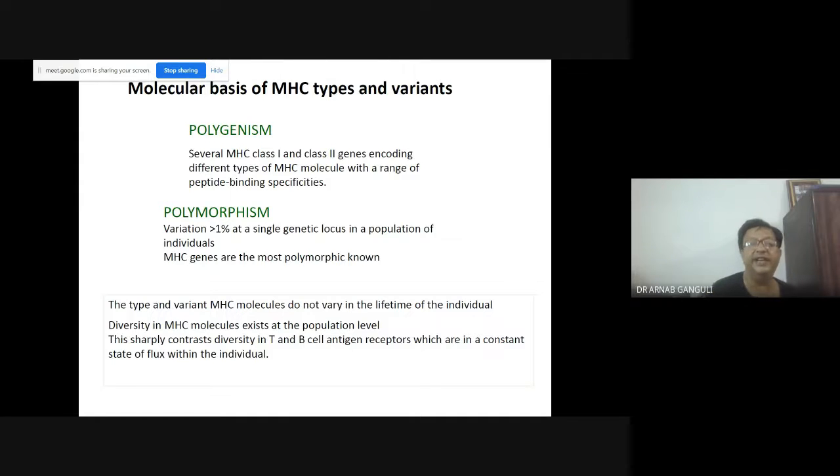So several MHC class 1 and class 2 genes actually. They encode different types of MHC molecules. And they have got a capacity to bind to a range of peptides.